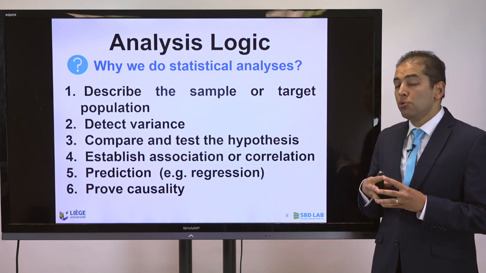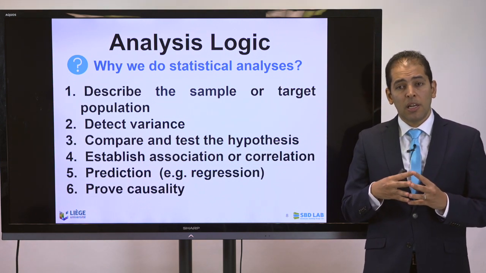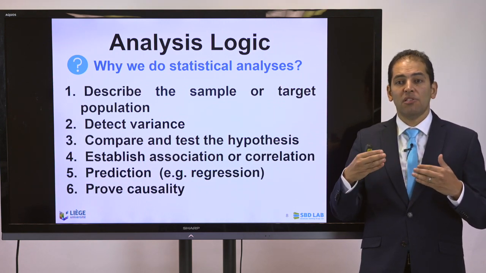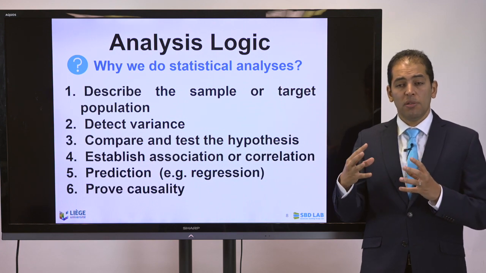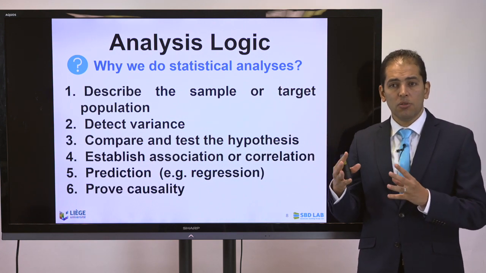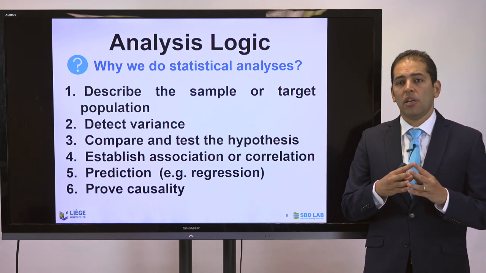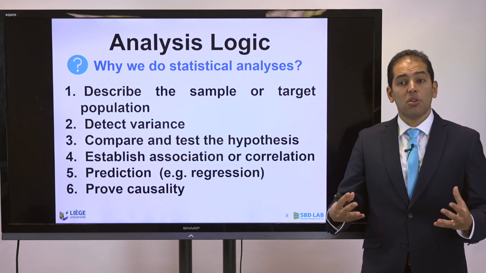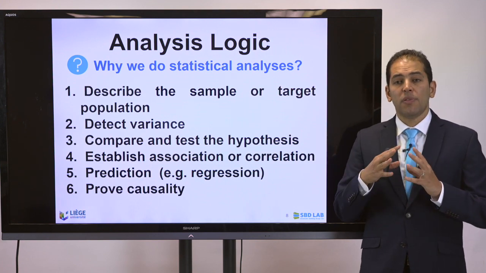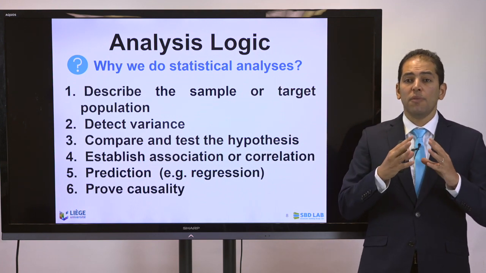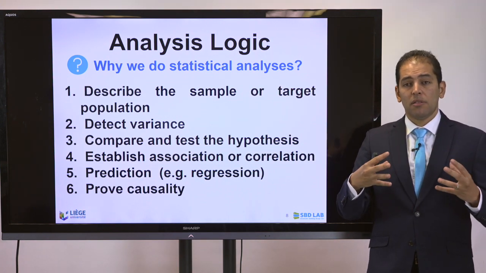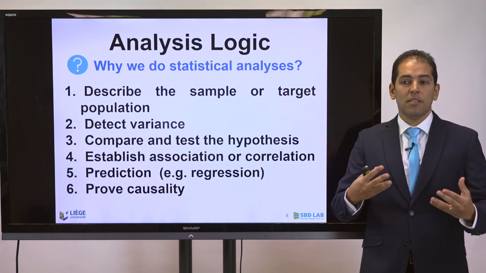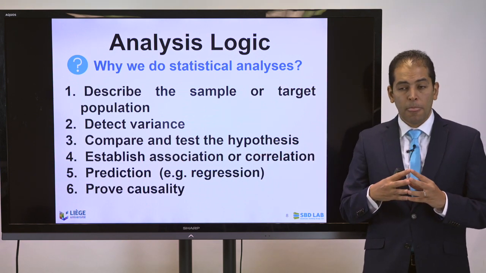We also try to detect variance and differences in samples or populations. Why is this group like that, why is this population like that, what is the variance here? Based on the variance, we compare the different populations, samples, and subjects and their properties. And for sure, based on that, we can test different hypotheses.